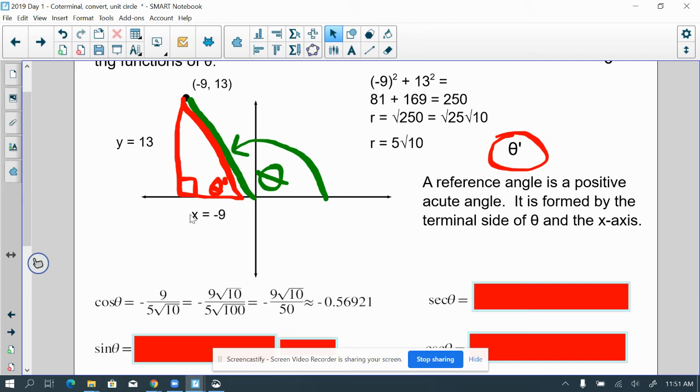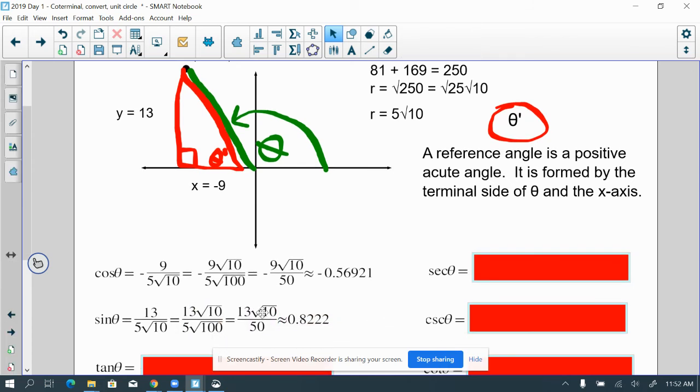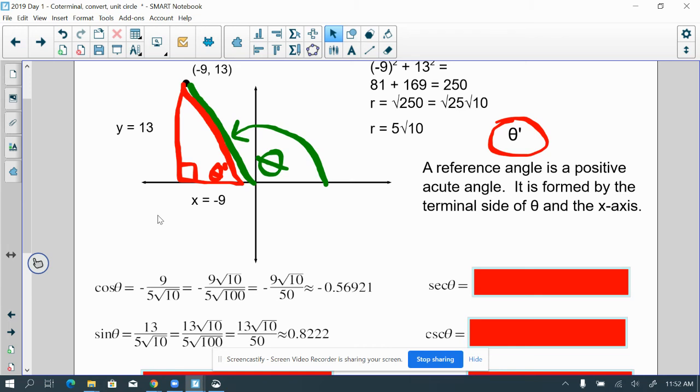The sine is opposite over hypotenuse. So the opposite of this angle, which is 13, divided by the hypotenuse. So 13 over 5 rad 10. Rationalize the denominator, and you get 13 rad 10 over 50. Tangent is opposite over adjacent.